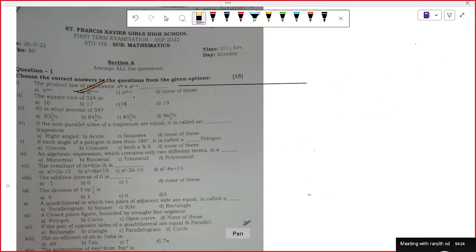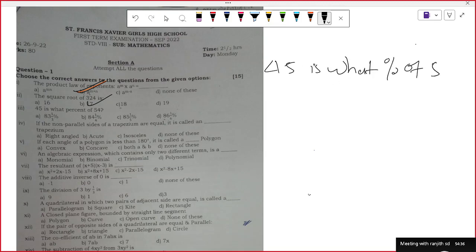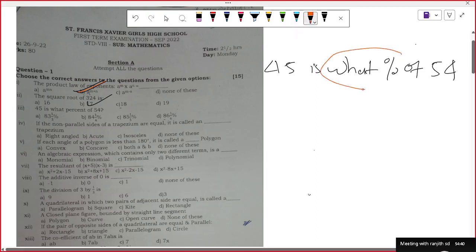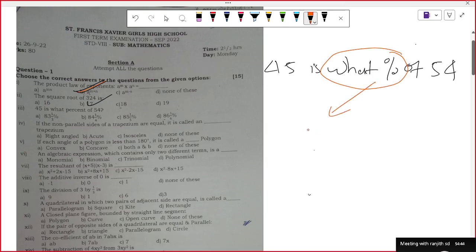Okay, next question. 45 is what percent of 54? What are we supposed to find here? Percent. For percentage, what is required?